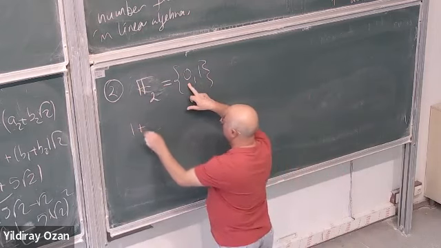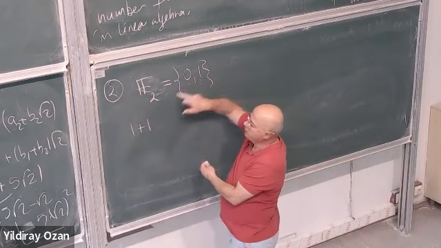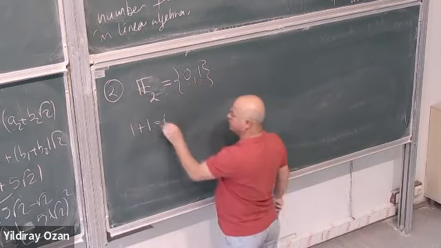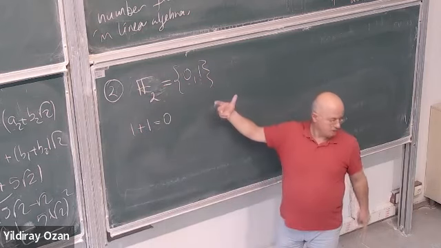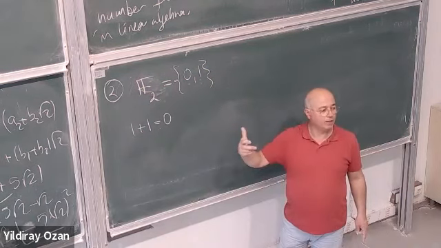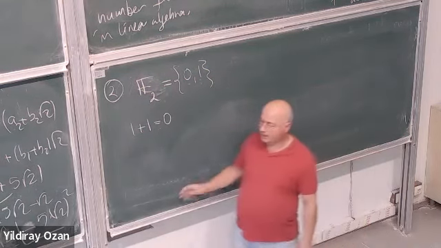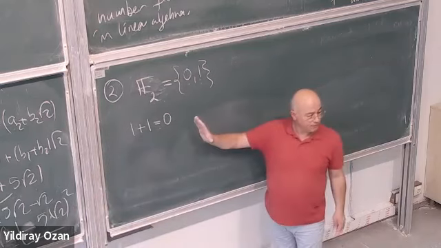The only non-trivial one is this one. 1 plus 1 is 2, but in F2, 2 is the same as 0. Okay? So 1 plus 1 is 0 in this field. It has only two elements, 0 and 1. And it satisfies all those properties. So it's a perfect and nice field.